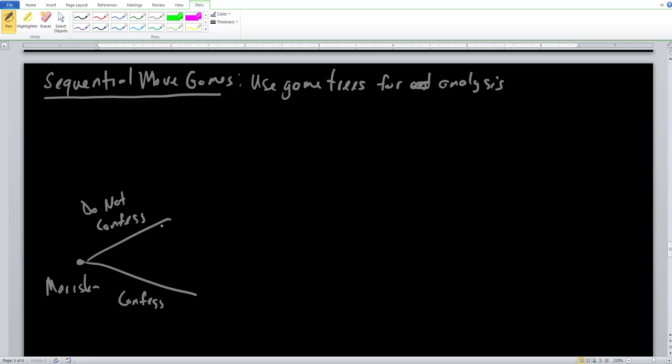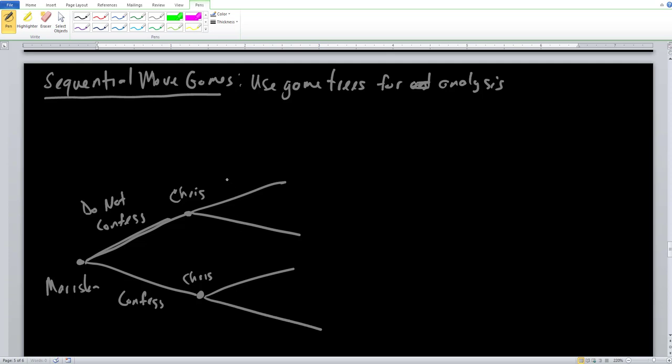These are the branches of the tree that we're introducing right here. And then once she makes her decision, whose turn is it? It's going to be player number 2, and that's where Chris comes in. So we open this up to his 2 strategies as well. Chris has the same 2 strategies: he can not confess or confess.